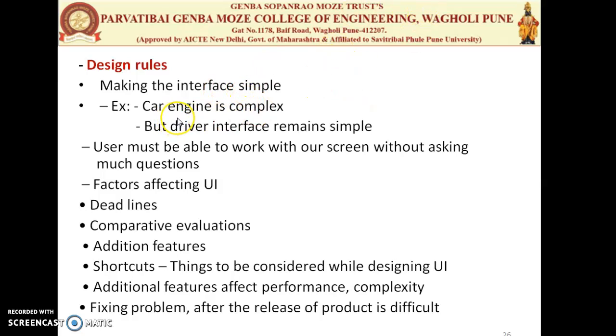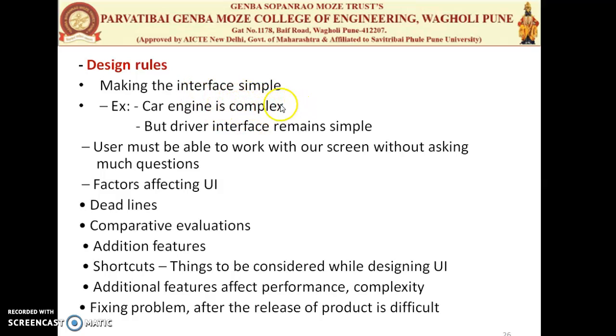Suppose you are driving a car. The user doesn't know how complex the engine is. He just knows how to start the car and how to make use of it. But the driver interface remains simple. The driver only knows how to drive a car, and doesn't know about the car engine. So you have to make the user interface simple instead of complex.